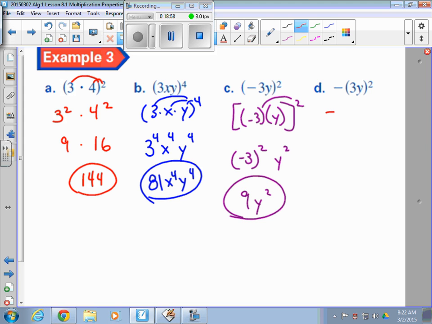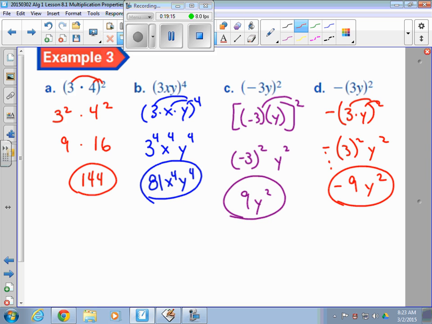So it acts like negative, then 3 times y squared. The square goes to both of them. The negative is still there. 3 squared, y squared. 3 squared is 9y squared, and then that negative comes down right in front of it to make it negative 9y squared.